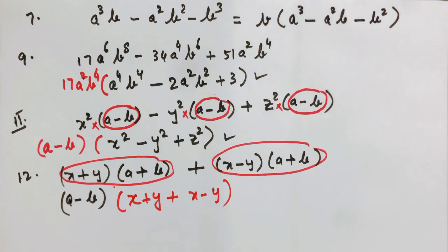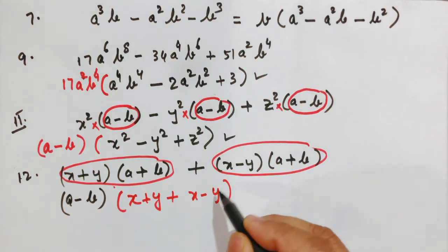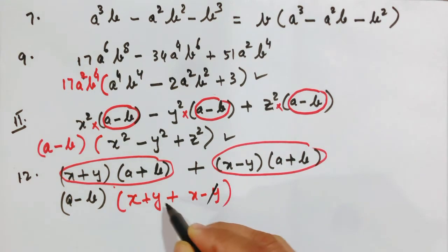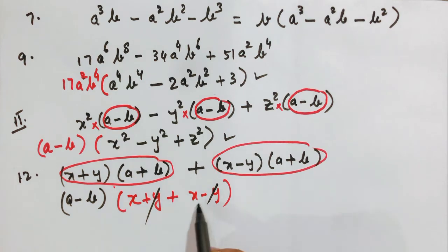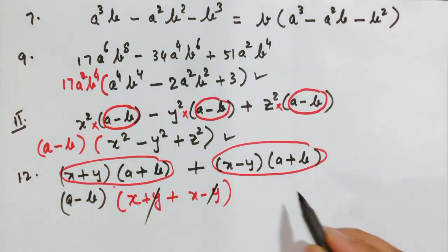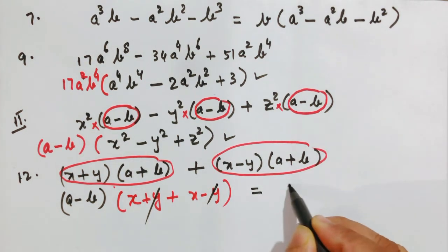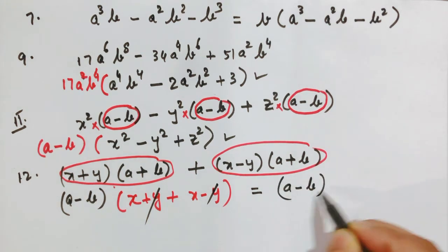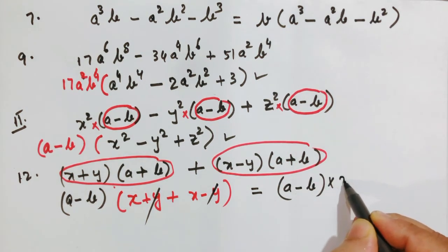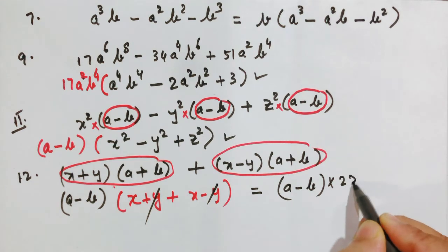Now let's see if something gets cancelled. I can see that this minus y and plus y will give you 0, so it gets cancelled. So what remains inside is 2x. So you can also write this as a minus b multiplied by 2x, since x plus x is 2x.